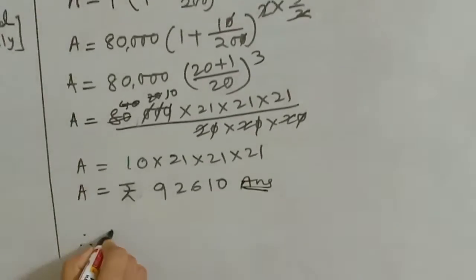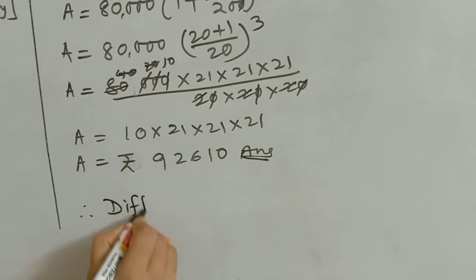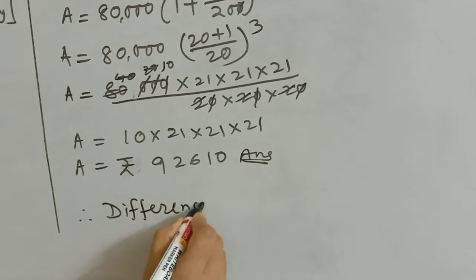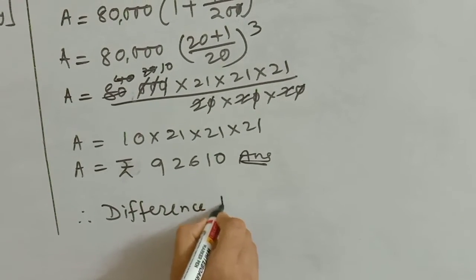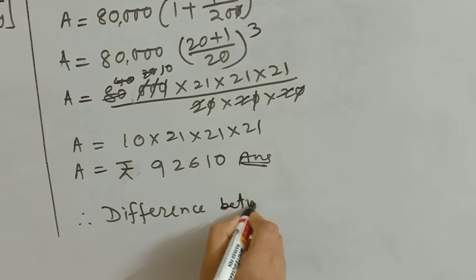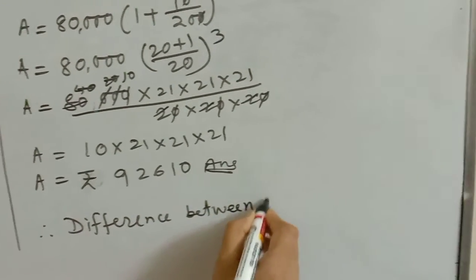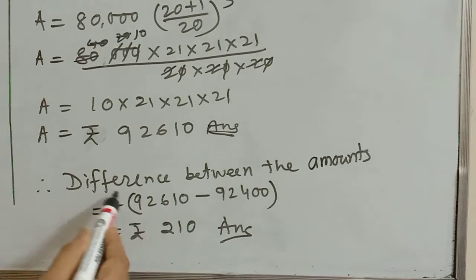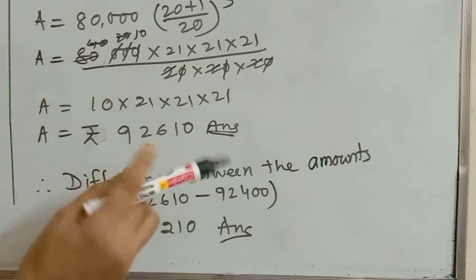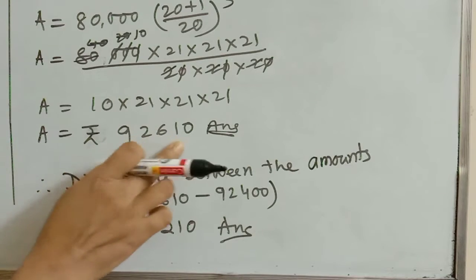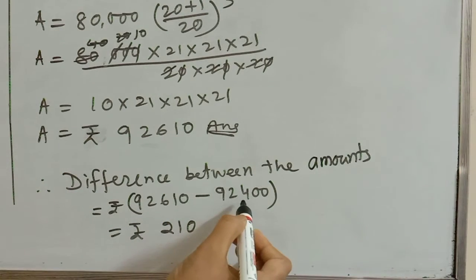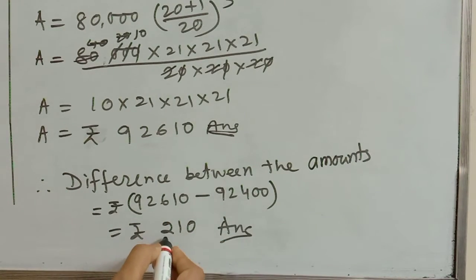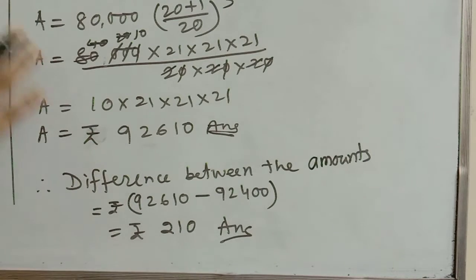Therefore the difference between the amounts, 92,610 minus 92,400, you can get 210. So I hope the concept of this sum is very clear to you. Now do the next sum.